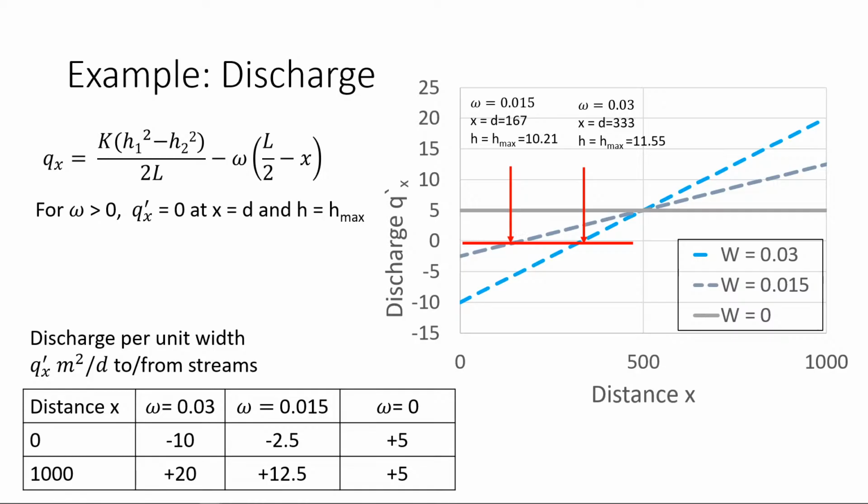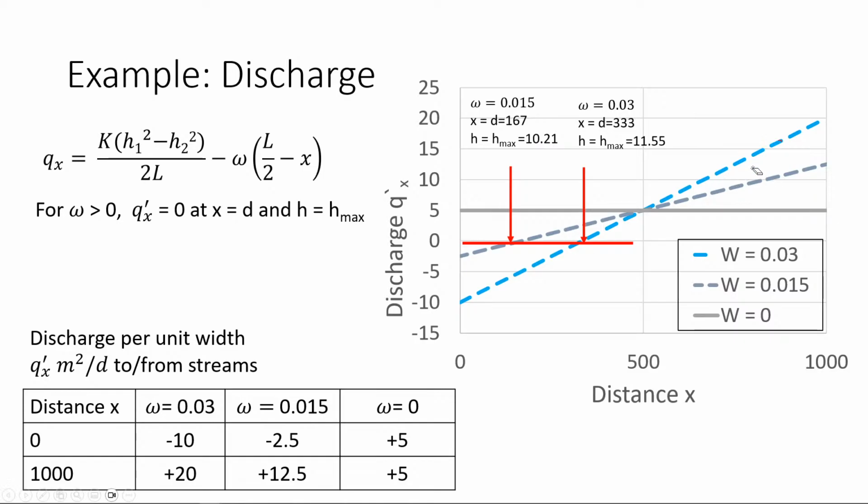Let's look here, for example. I see here, that's a clear one. Your discharge will be higher because you have more recharge. So it makes sense: at the same location, you'll have a higher discharge.